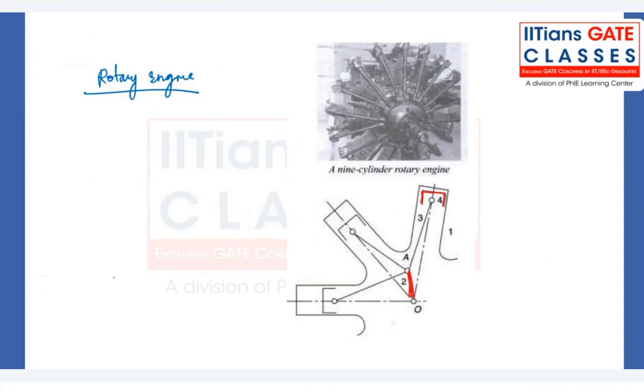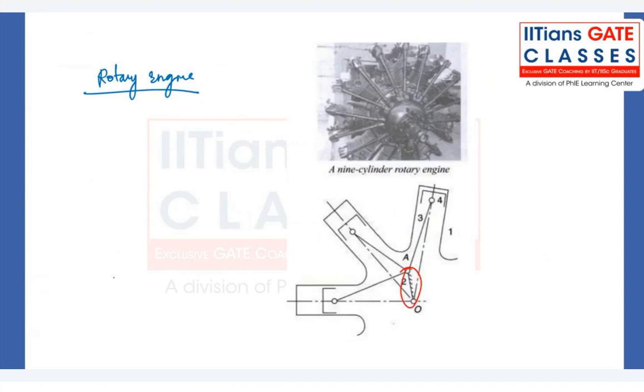So link number 2 we are fixing again here, right? Link number 2 is fixed, and to link number 3 we are attaching link number 4, and link number 1 is taking this outer shell and acting as a cylinder. So this is how we can use the second inversion of the single slider crank chain in rotary engines.